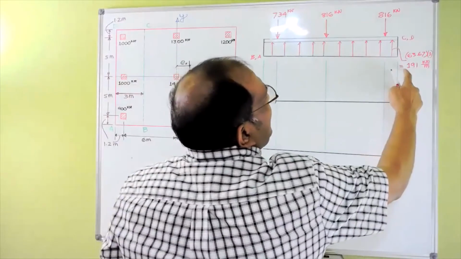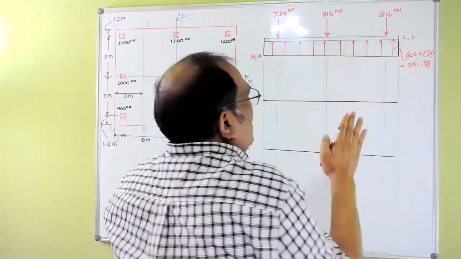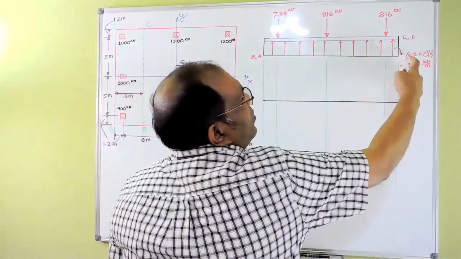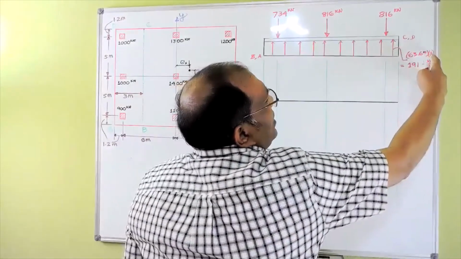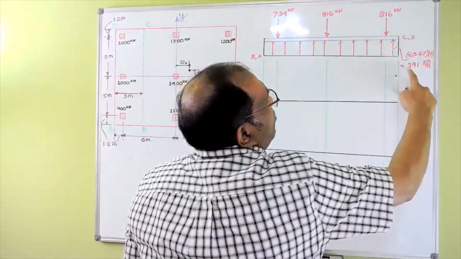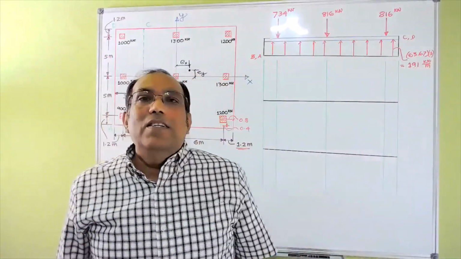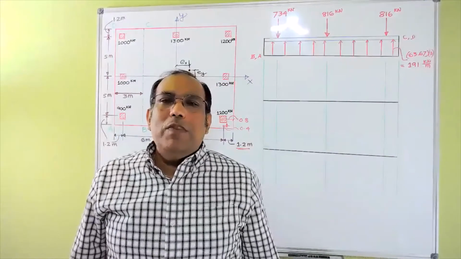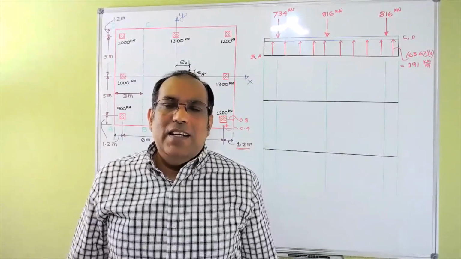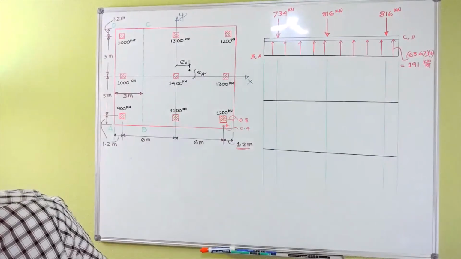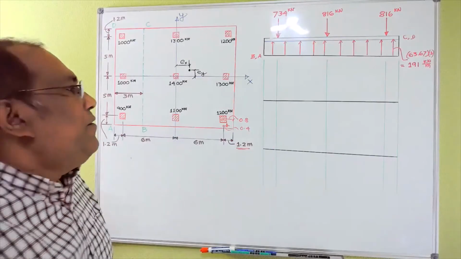Similarly, this one is 3 feet wider, so I multiplied that stress with 3, and it becomes 191 kilonewton per meter length of the strip. Okay, that's the adjustment I did here. So now you can just start drawing your shear force diagram.